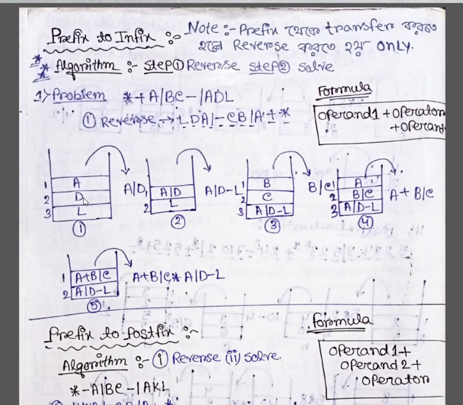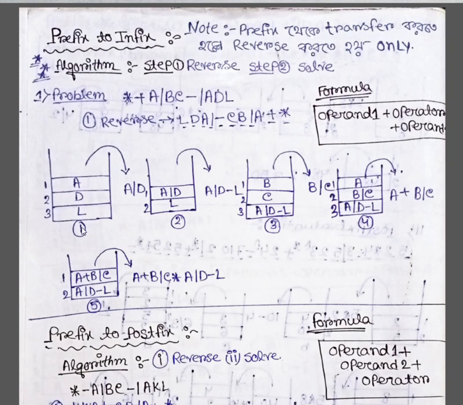So operand 2 is D, that means the next operand. So we have to pop this D. This is our current state, A divided by D. So we have popped this out, and now we have to push this inside the stack.